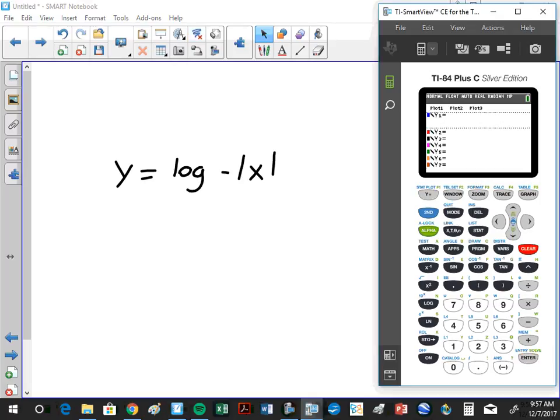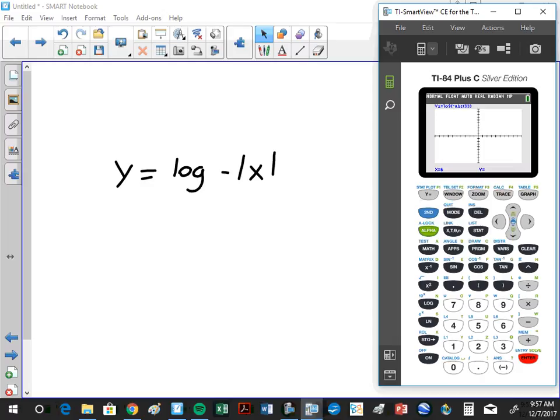So the log of negative absolute value of x. When it's done graphing, I can push trace, and no matter what number I plug in, I get y equals nothing.